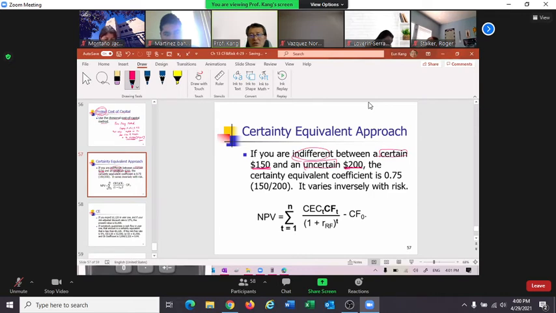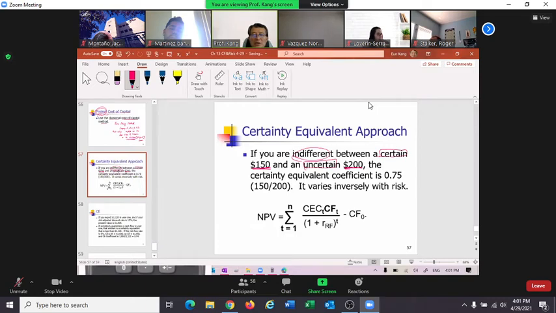There is risk. Risk means the chance of getting less than 200, it can even be less than 150. That's why it's risky. But you are willing to take that because 200 is a lot bigger than 150. So you are indifferent between getting a certain 150 and an uncertain 200.